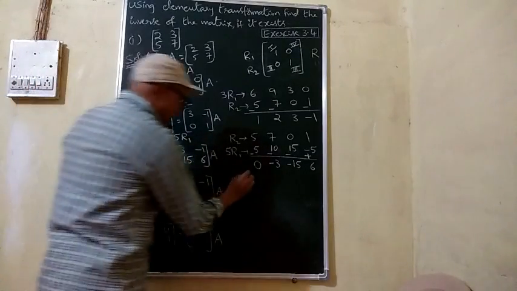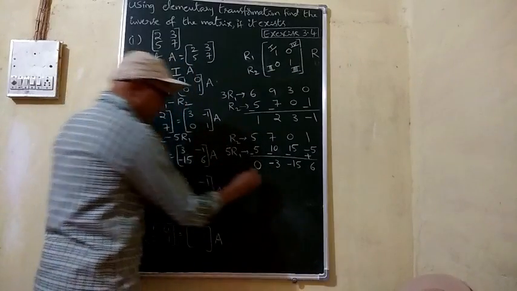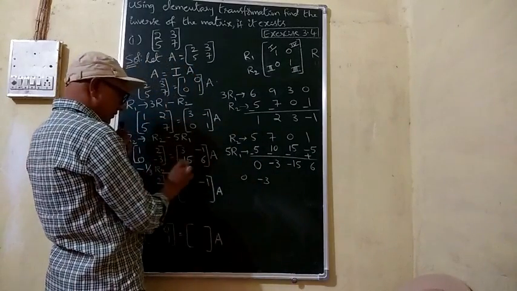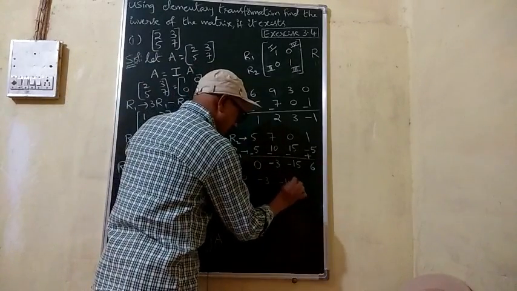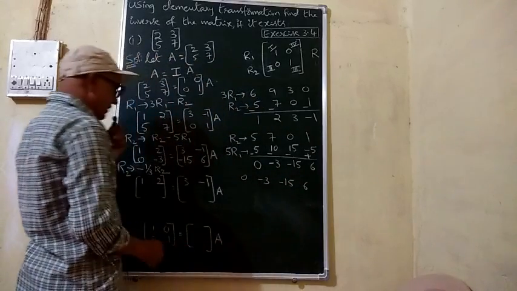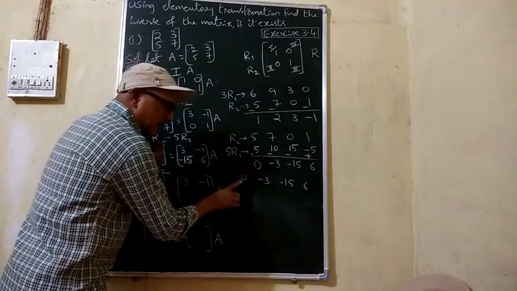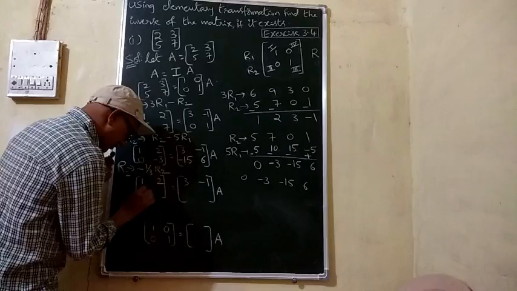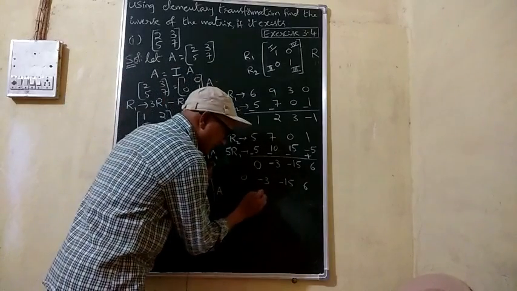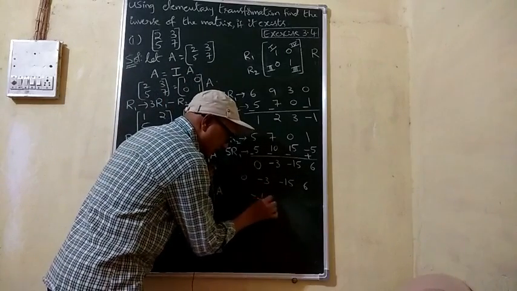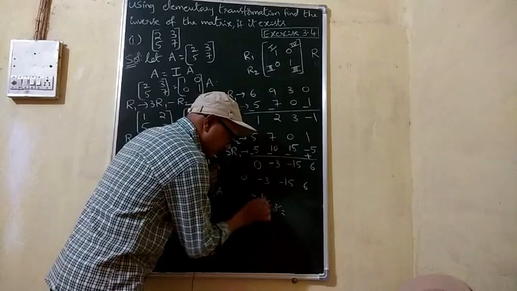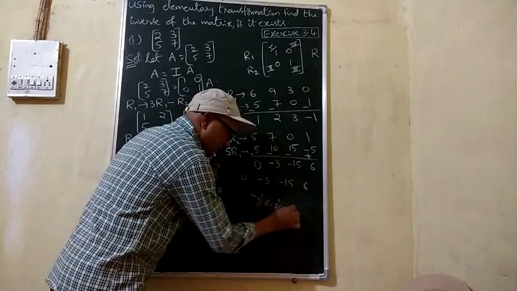Second row, what are the elements in the second row? 0, minus 3, minus 15, 6. Multiply with minus 1 by 3. Minus 1 by 3 into 0, 0. Minus 1 by 3 into minus 3, 3 cancels, minus 1 into minus 1, 1.